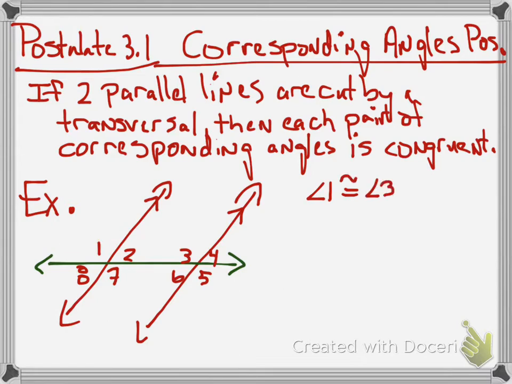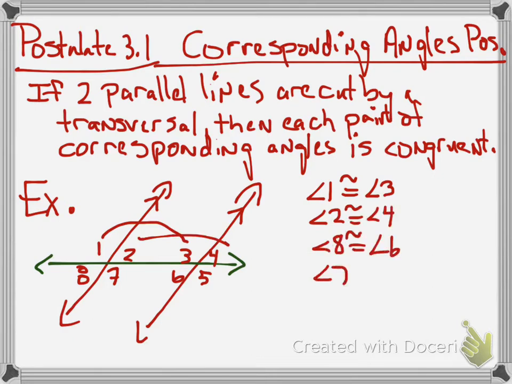We can say that angle 1 is congruent to angle 3 because this postulate is telling me that those corresponding angles are congruent. They're corresponding, so they must be congruent by this postulate. Then that means angle 2 and angle 4 must be congruent, and angle 8 and 6 must be congruent, and 7 and 5 must be congruent.